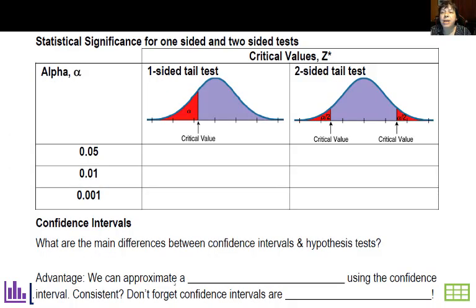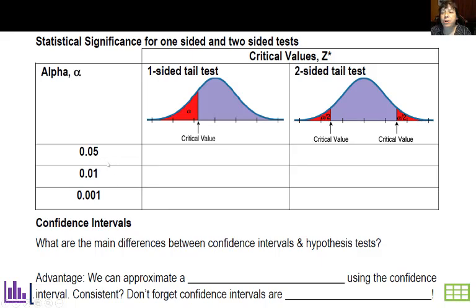So now let's go ahead and look at significance levels for one-sided and two-sided tests. You do have to treat them differently. A one-sided test is going to put all your alpha just on one side. A two-sided test is almost like a confidence interval. If you want to be 95% sure, you have to split that extra 5% on each side.